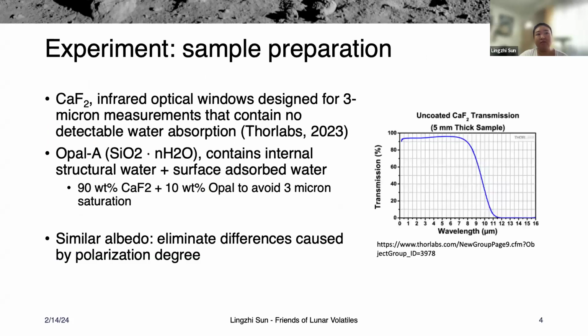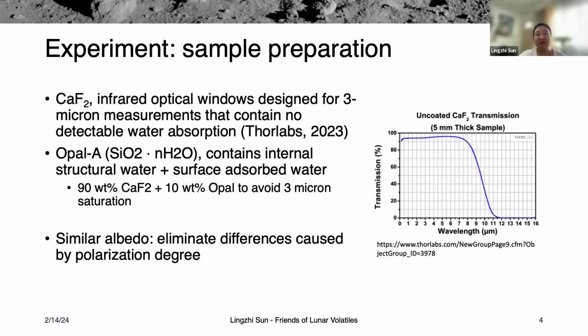We tried many samples, but eventually we decided on these two. We were trying to test material with internal water and without internal water. For material without internal water, we selected calcium fluoride.